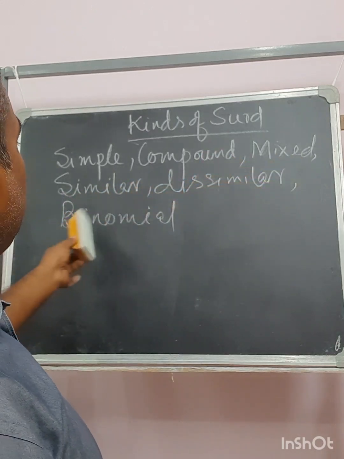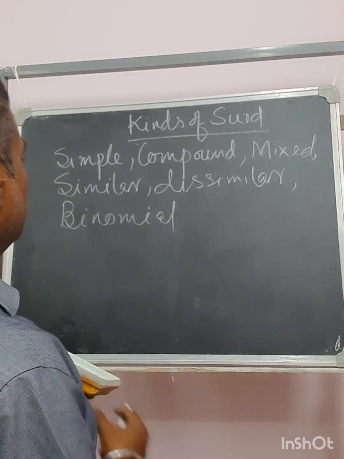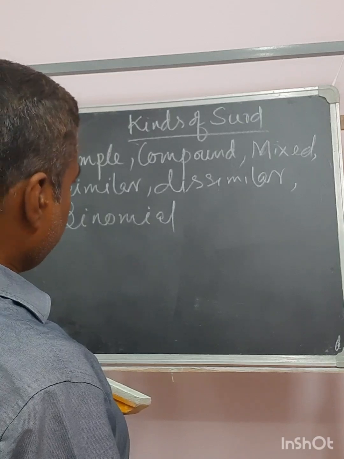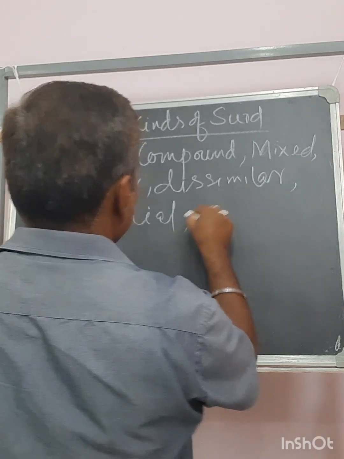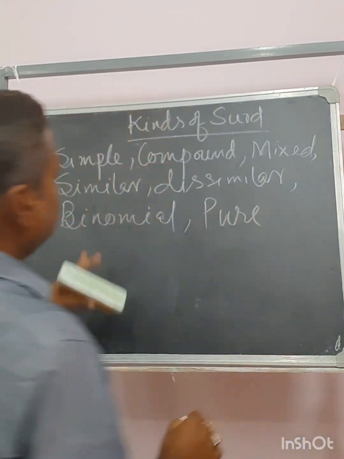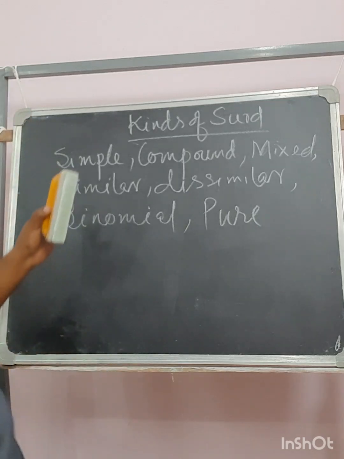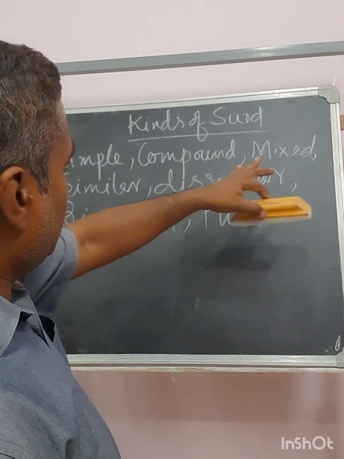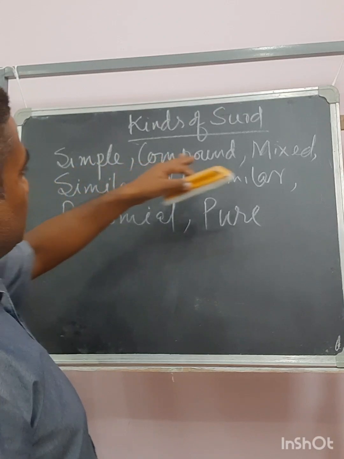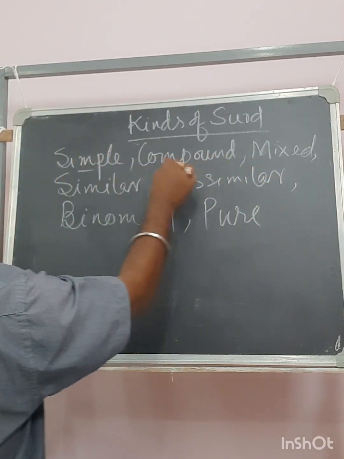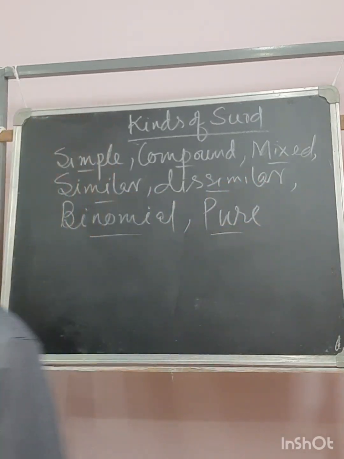Another one is pure. These are some kinds of surds. I can tell you the different definitions of the different kinds of surds that represent these terms: simple, compound, mixed, similar, dissimilar, binomial, and pure.